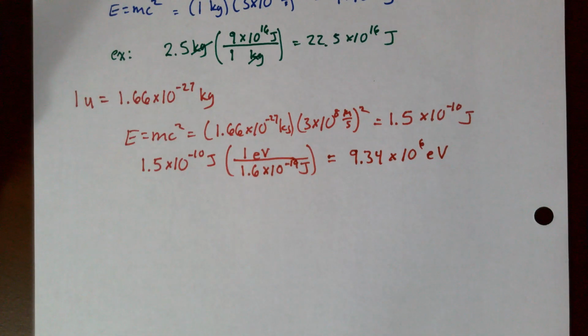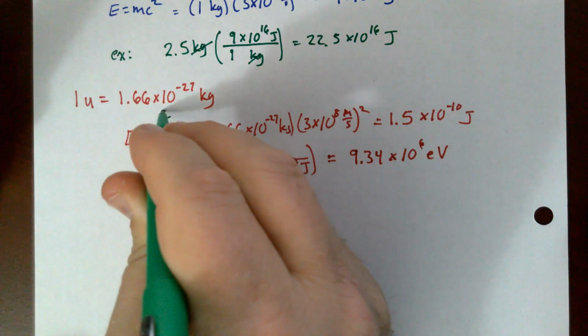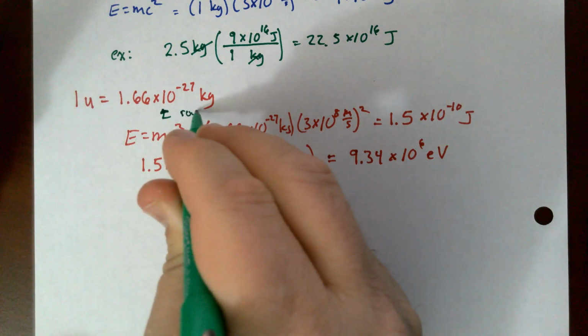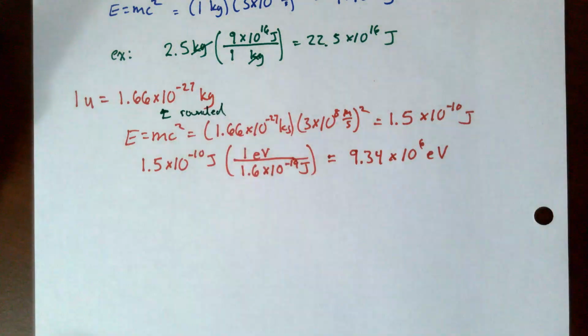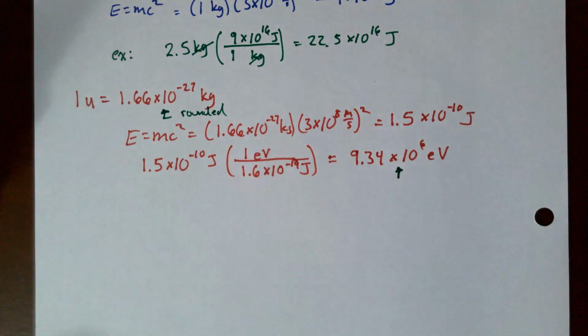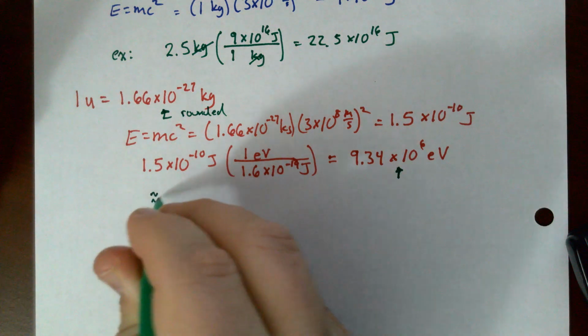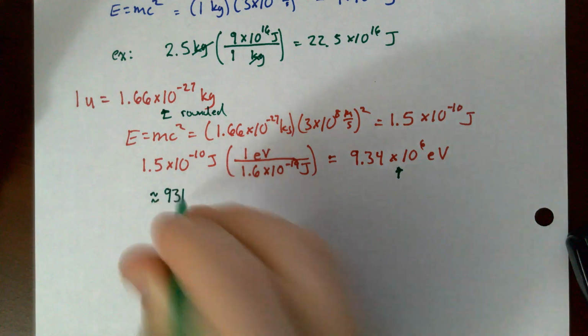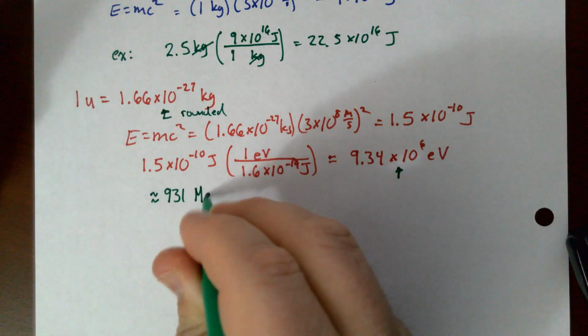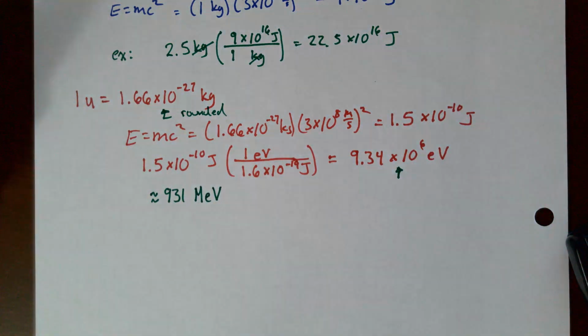So keeping in mind that this number right here, this is directly from the Physics 2 equation chart, is a little bit rounded. So this number is just a little bit bigger than the commonly accepted value. That's approximately equal to 931, and then 10 to the 6 is mega. So mega electron volts.